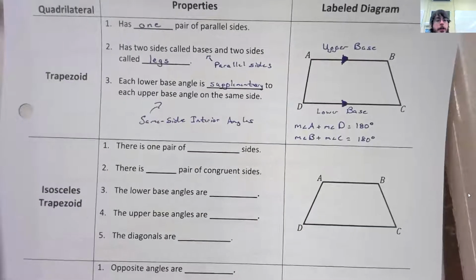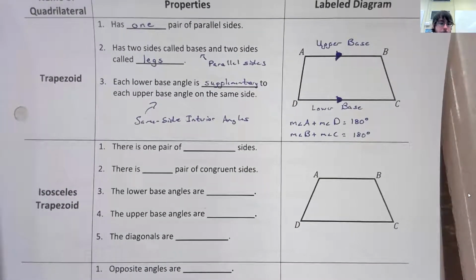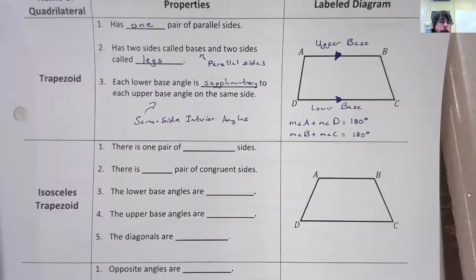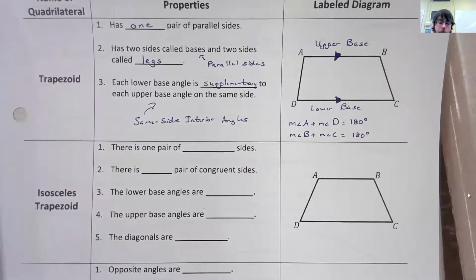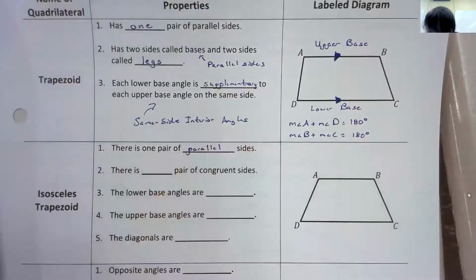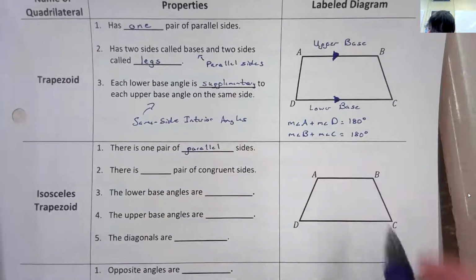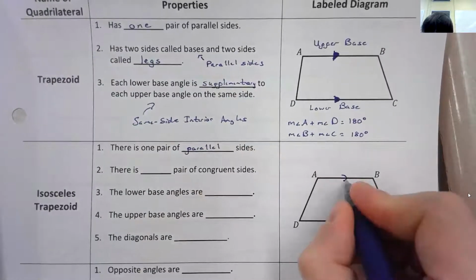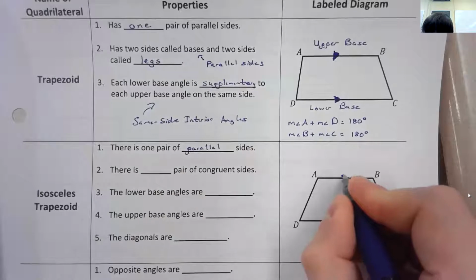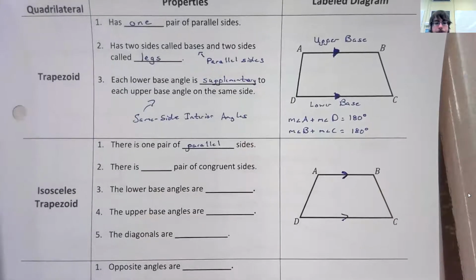Next up, we're going to talk about a specific type of trapezoid called an isosceles trapezoid, okay? Now, just like a regular trapezoid, the first property is that there's one pair of parallel sides, okay? And similarly, we see that in this diagram, we have AB and DC are parallel.